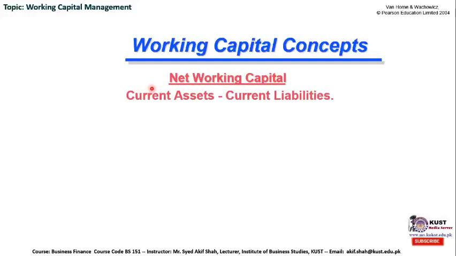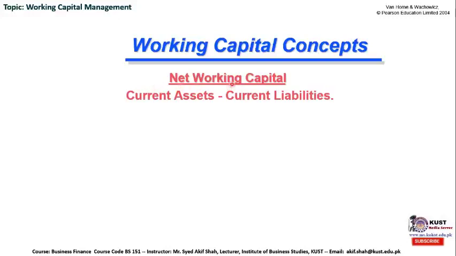So the working capital is related with the management of current assets of the company, like cash, how much level of cash should be maintained, what level of account receivable shall be considered as optimal level for the company, and what level of inventory should be managed.